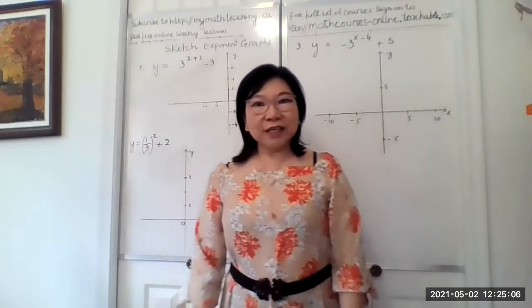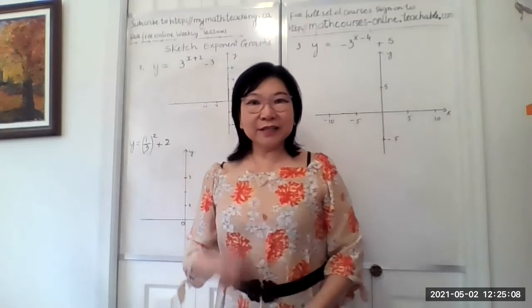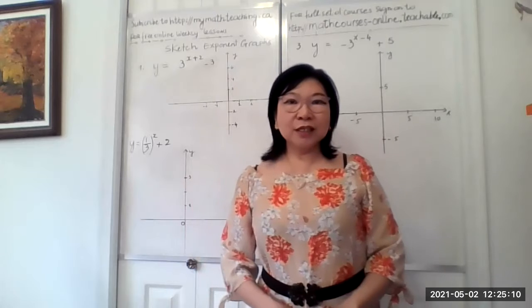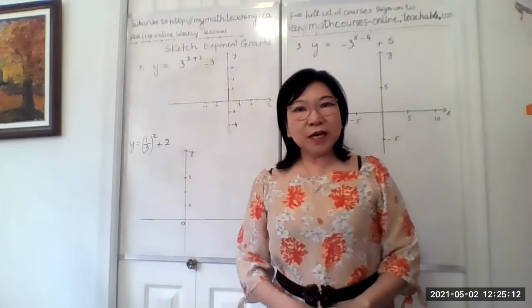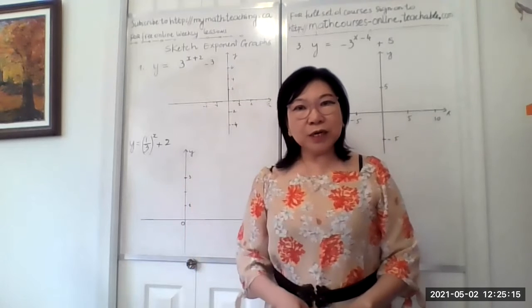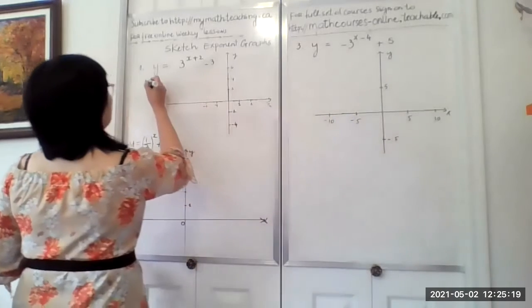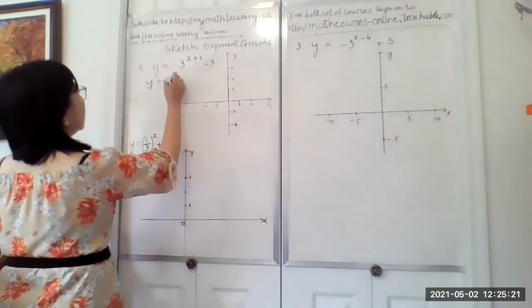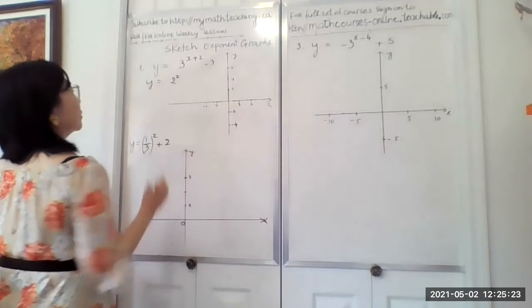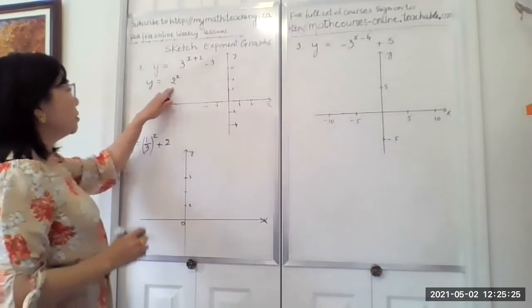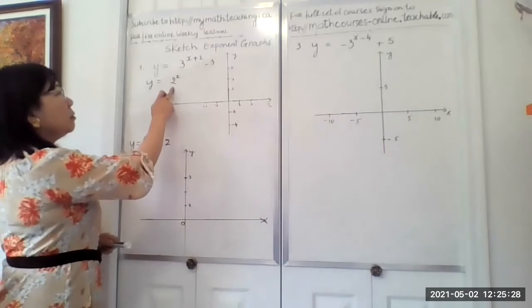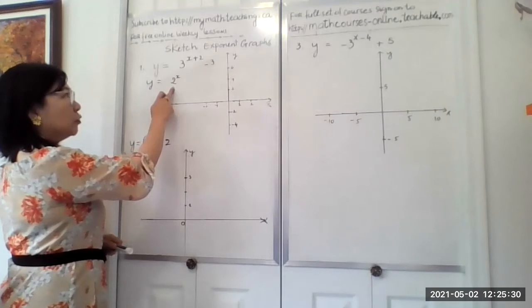Like any function, I would like to start at the basic function. So you know that for the exponential function, the basic one will start from y equals 2 to the power x. And the reason is because the base here, the minimum number, has to start from 2.